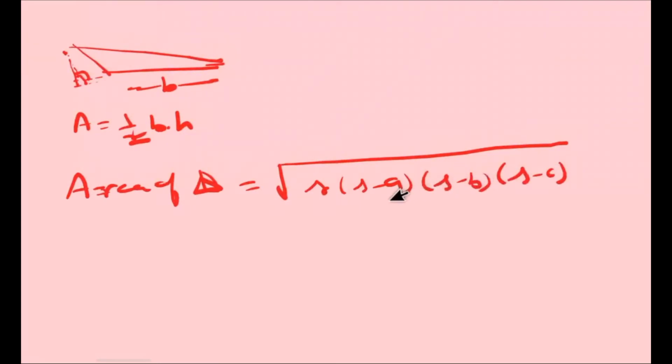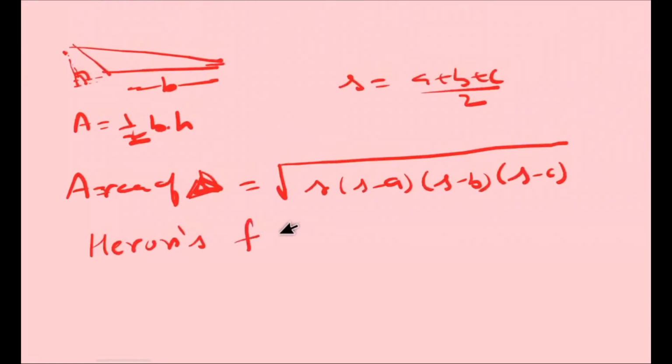For any triangle, if you know the sides a, b and c, and s is the semi-perimeter, as already told, using this formula you can find the area of the triangle. This formula is known as Heron's formula, or in some books Hero's formula. No problem if you write Heron's formula or Hero's formula, but mostly we use Heron's formula.